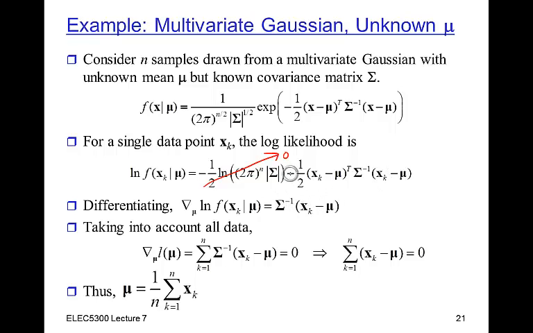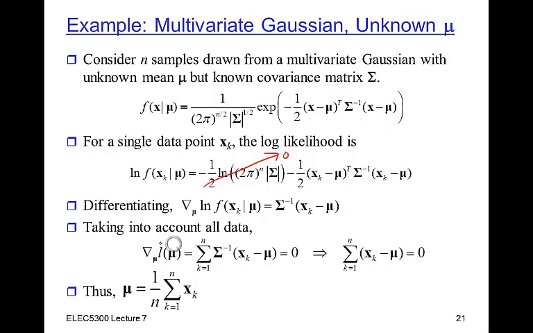And then I have a minus sign here, but when I differentiate with respect to mu, I have to use the chain rule, and so the two minus signs cancel, so I don't get any minus sign there. Now, if I want to take into account all the data, I simply sum this condition over all the data points.